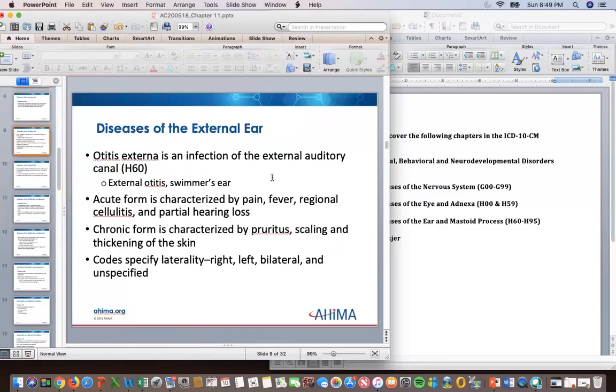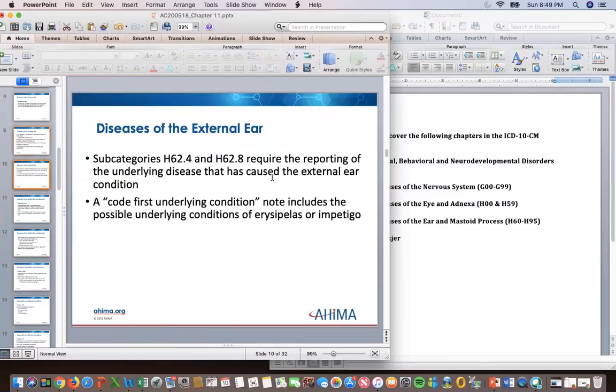The acute form is characterized by pain, fever, regional cellulitis, and partial hearing loss. Then we have the chronic form. You'll find that they have laterality: right, left, bilateral, and unspecified. We have subcategories H62.4 and H62.8, requiring the reporting of the underlying disease that has caused the external ear condition. So again, you're going to have to read through the chart and make sure that your physician is documenting that.